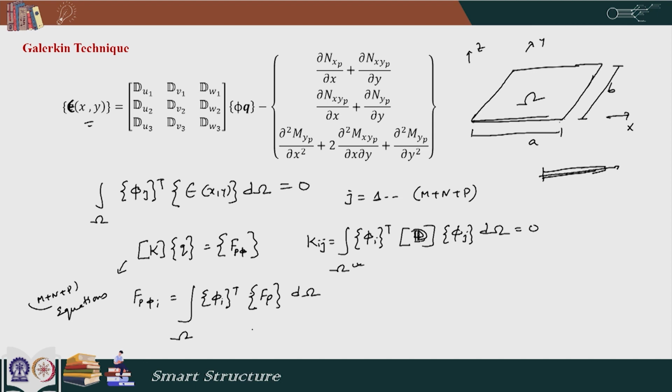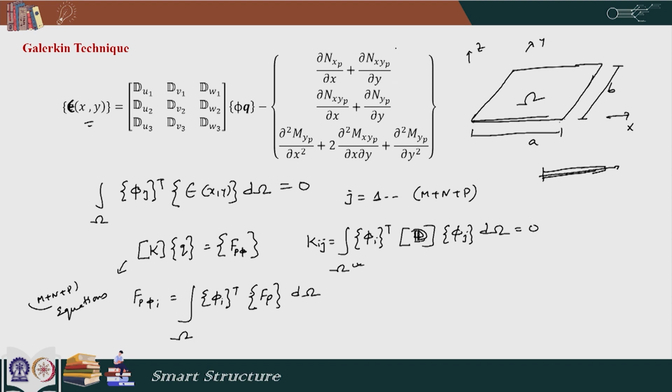Once we get those q's, we can substitute back and find out our u0, v0 and w, and that solves the problem. So, here the only thing is that we have not defined our nxp, nyp and nxyp and so on yet, which we will define in the next class.